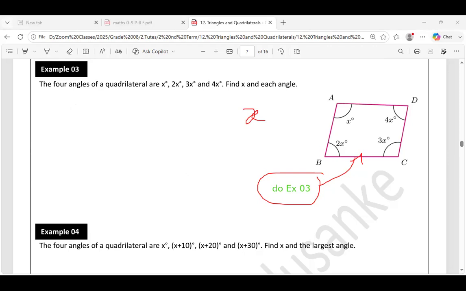Right, Sinara wrote the answer, she is saying 36, right?